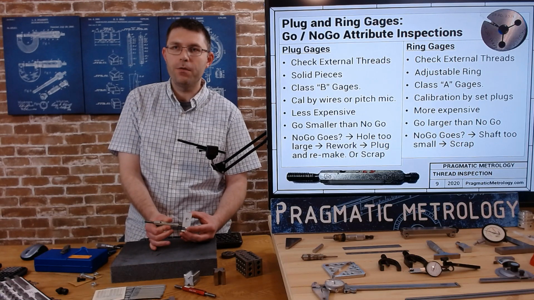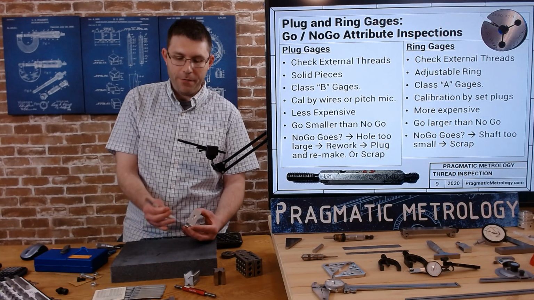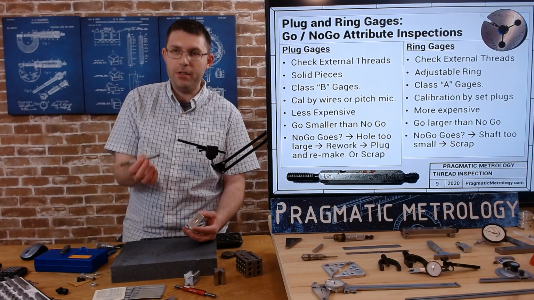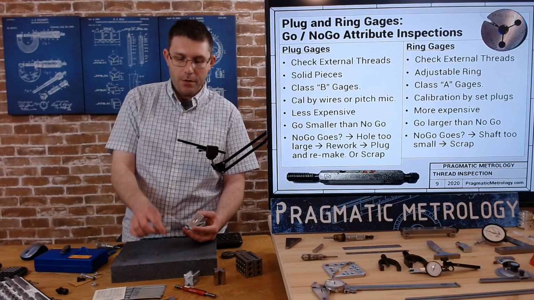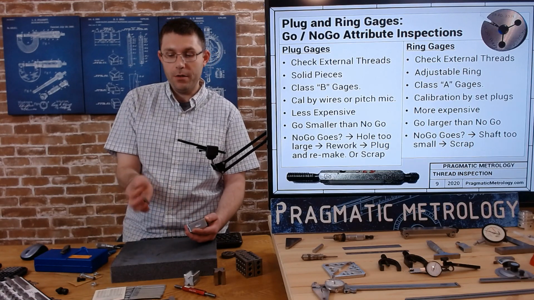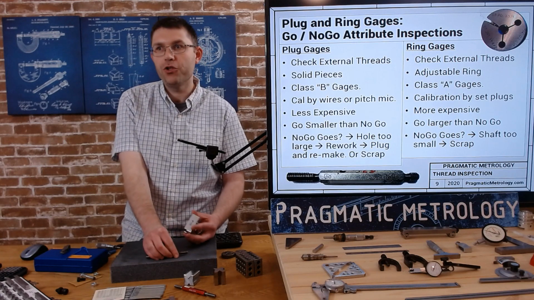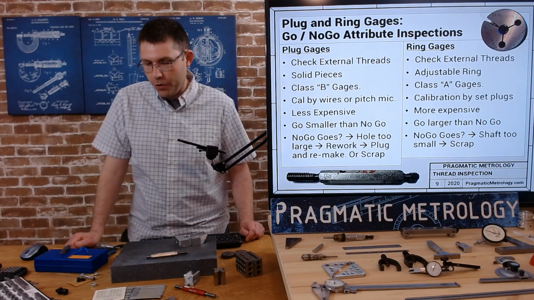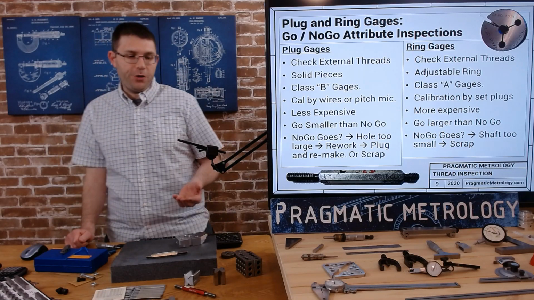Because your NoGo is fitting in. Now at the very beginning, if your Go will not go at all, the thread is too small. And you don't even need to bother with the NoGo. So that's how we screen out holes that are too small and too big with both ends of the gauge. With the ring gauge, the Go is larger than the NoGo because you have the opposite situation.